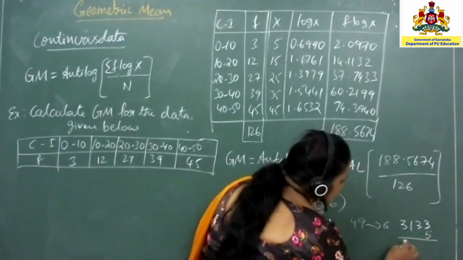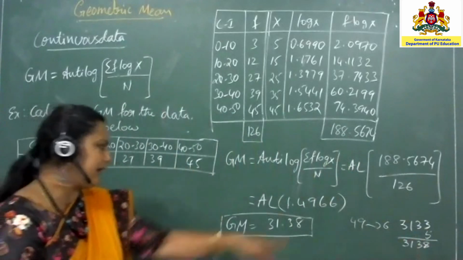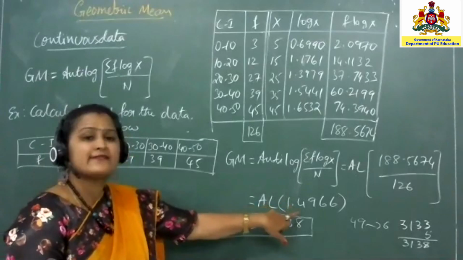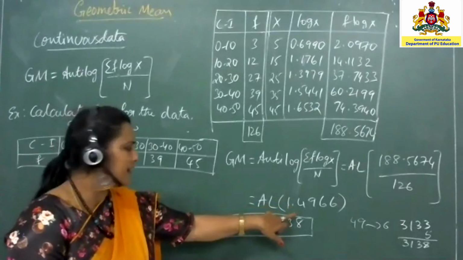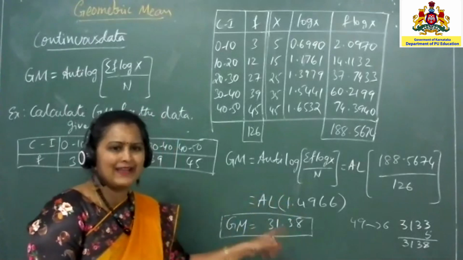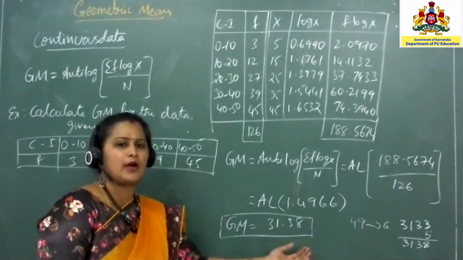You should add these two, that is 3138, so write 3138 here. Then, because it is 1 point, as mentioned here, you should put the decimal point after two digits. So the geometric mean is equal to 31.38.